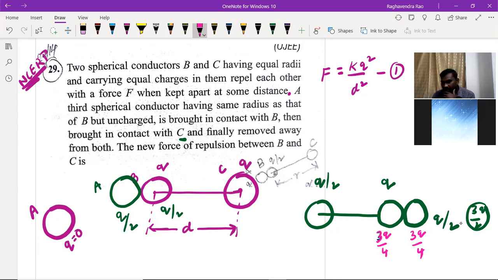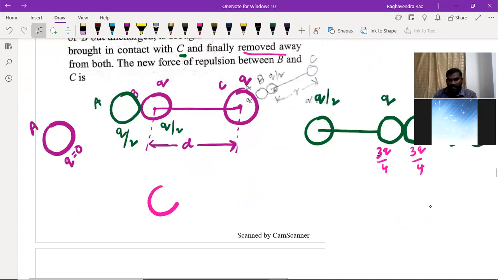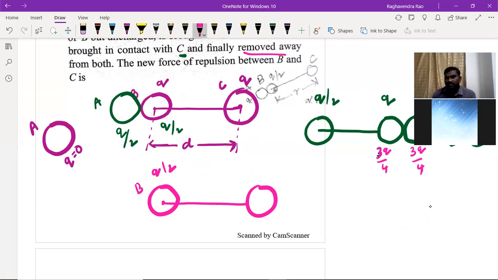Then it is brought in contact with C and finally removed away. Now it is removed from both. The B sphere charge became Q by 2 and the C charge became 3Q by 4.